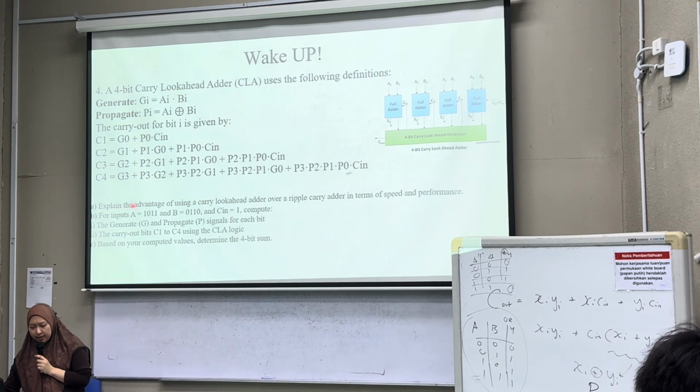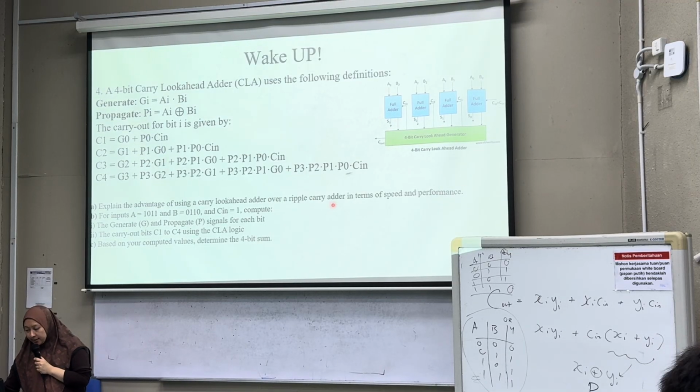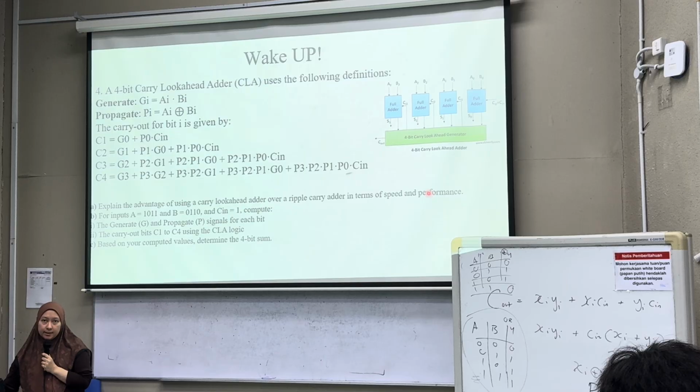First question: explain the advantage of a carry lookahead adder, or CLA, as opposed to the RCA, or ripple carry adder, in terms of speed and performance. That's question A. Is this a test question? I don't know.